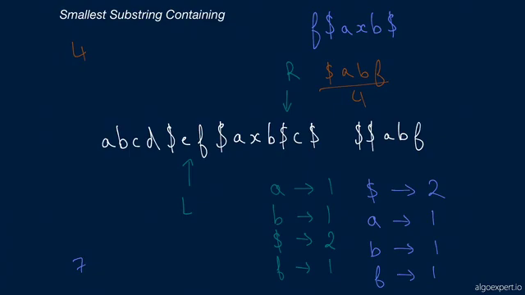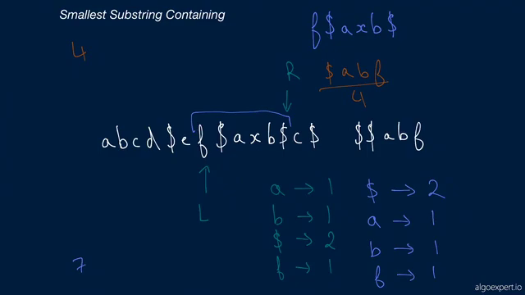So we move the left pointer to the right. E is not in our characters, so we lose an E, but we don't care. Here we had a substring of length, what was it? 1, 2, 3, 4, 5, 6, 7. But now suddenly we have a substring of length 6 here: 1, 2, 3, 4, 5, 6.